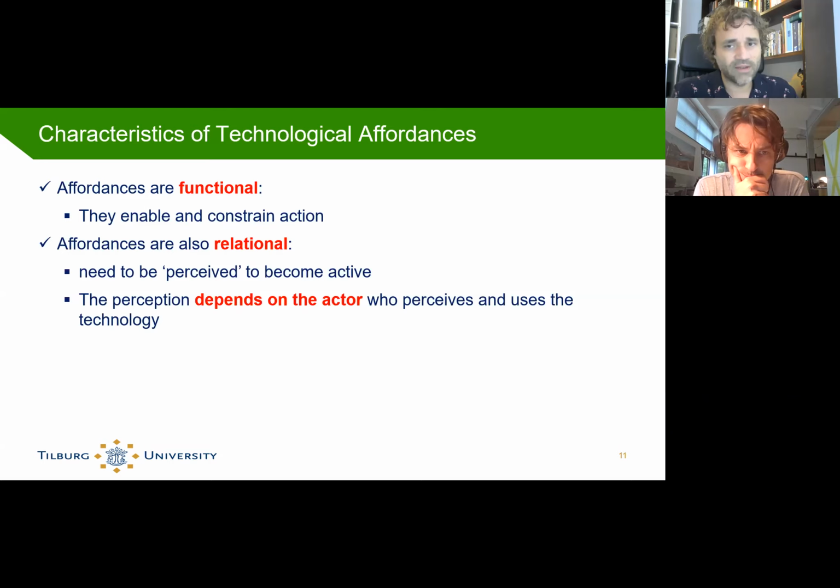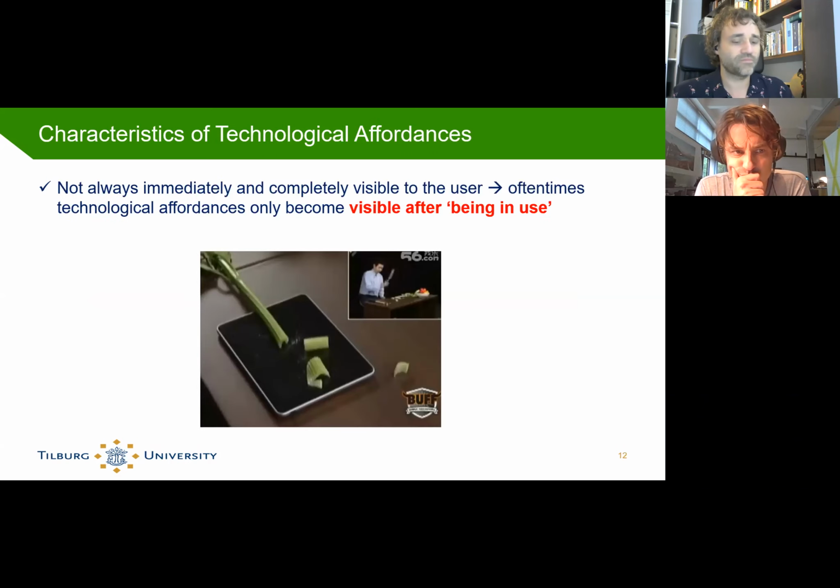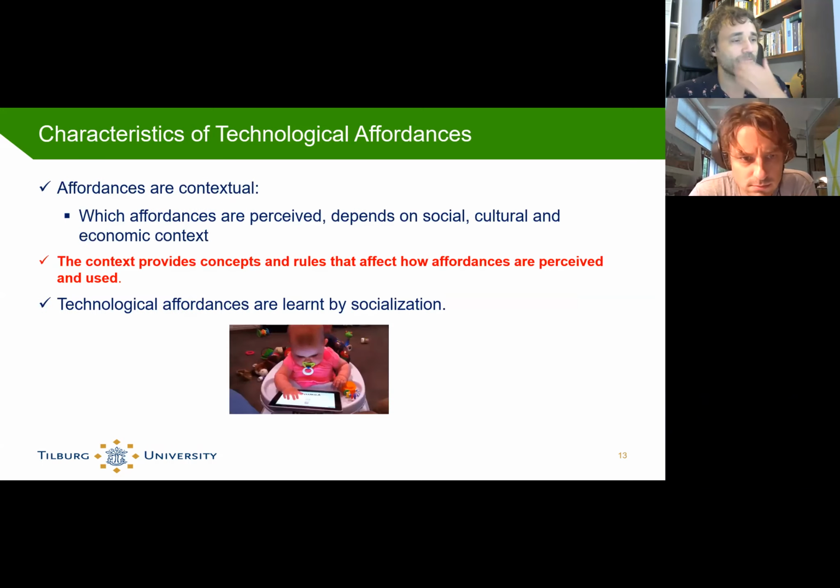You need to learn that that's how you use the technology. So it depends on the actor, on you and your environment, to learn what you can use it for. It's not always immediately obvious what you can use something for, so it needs to grow in time. And finally, they're contextual. It's based on the context what you can do with something.